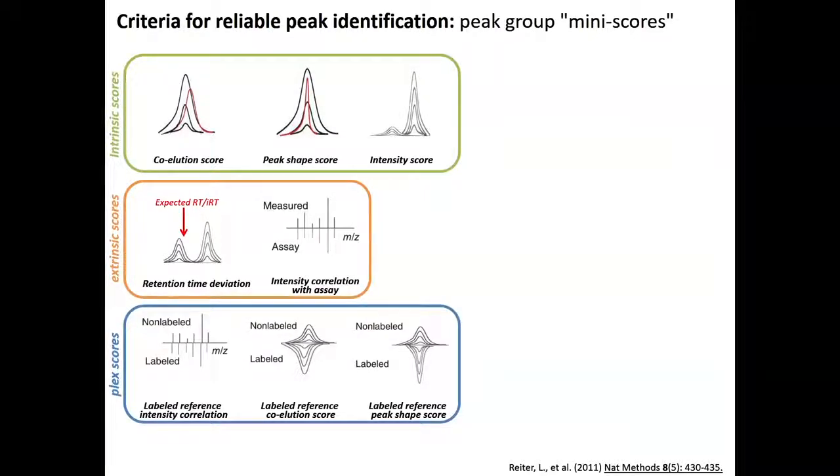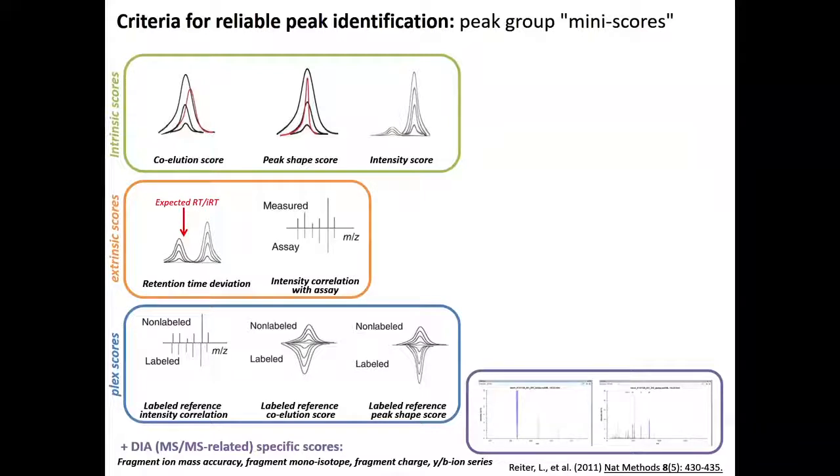Then you have these plex scores comparing heavy and light if you have a spiked-in experiment. You have the non-label and the label, so you check the intensity correlation between the light and the heavy. You also check the peak apex coelution between the light and heavy, and the peak shapes of the chromatographic peaks between the light and the heavy.